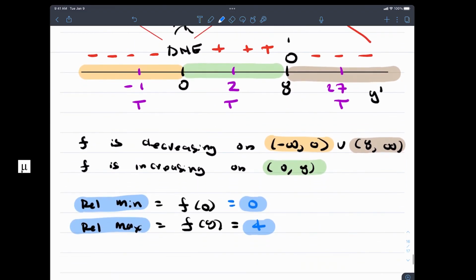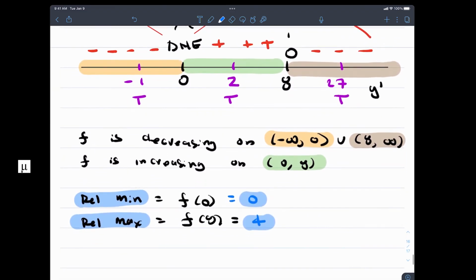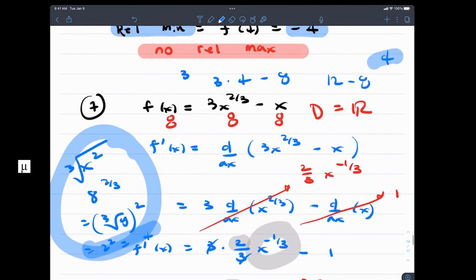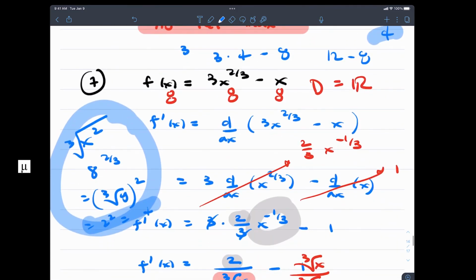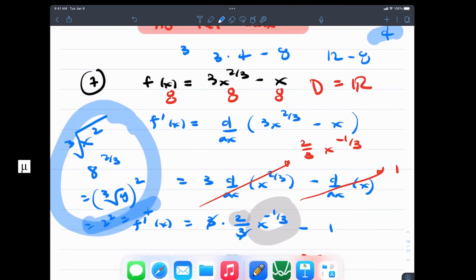You guys see what I'm saying? So let's see what Desmos says. You can see this. 3x to the 2/3 minus x.